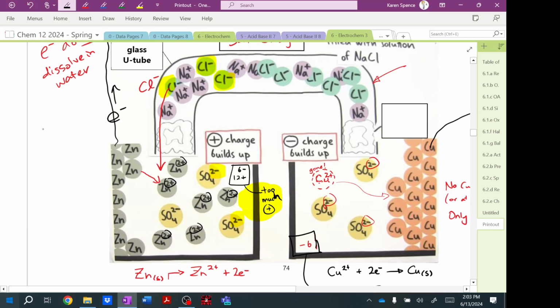So the Cl- ions move from the salt bridge into the zinc half cell, and they neutralize the excess positive charge.